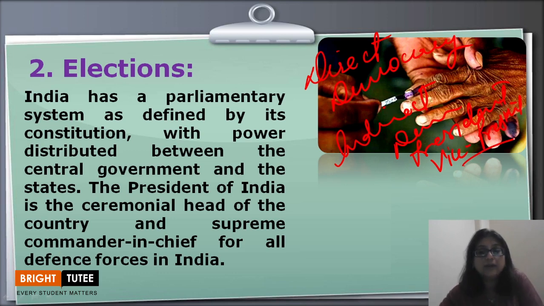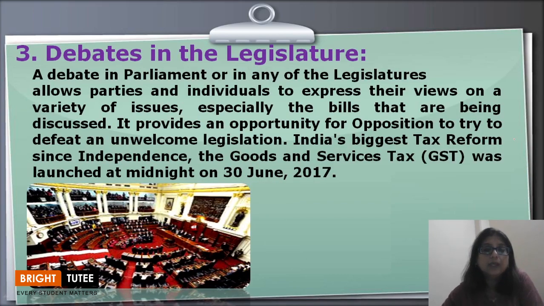The president of India is the ceremonial head of the country and supreme commander-in-chief of all defense forces in India. A debate in parliament or in any of the legislatures allows parties and individuals to express their views on a variety of issues, especially the bills that are being discussed, and it provides an opportunity for the opposition to try to defeat unwelcome legislation.